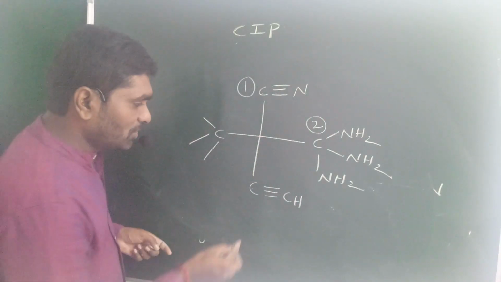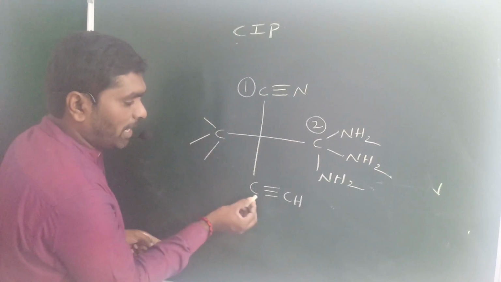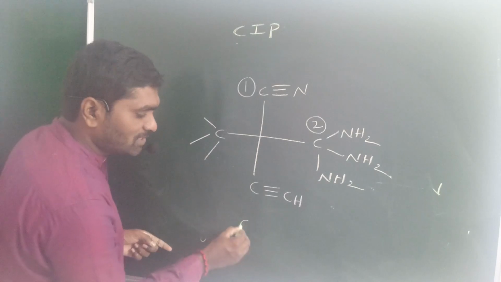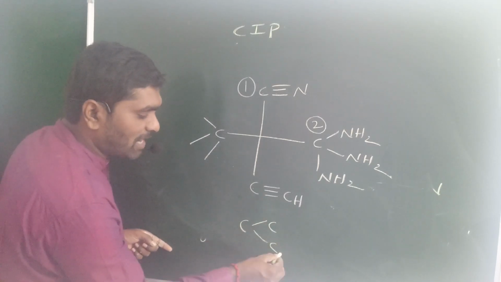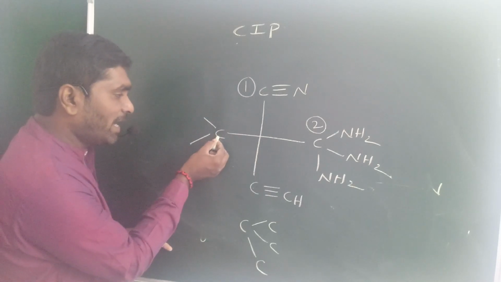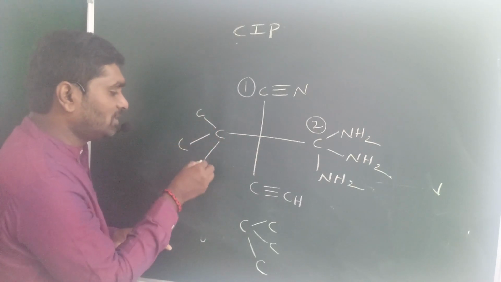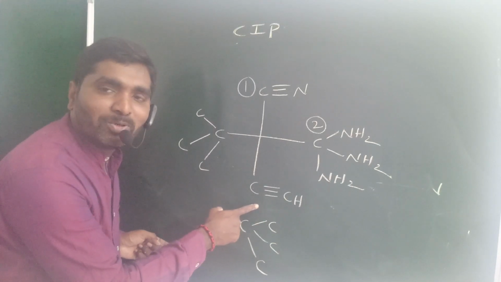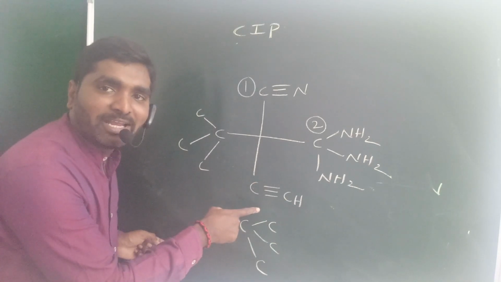Okay, next, among these two, again this carbon is bonded with the C triple bond C, which means this carbon may be bonded with 3 carbon elements. CCH3 thrice means again this carbon is also bonded with 3 carbon elements, but multiple bonded compounds always get more priority.